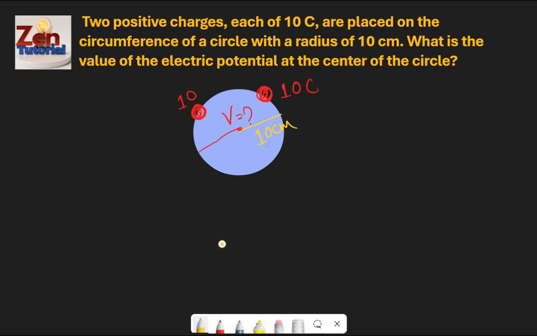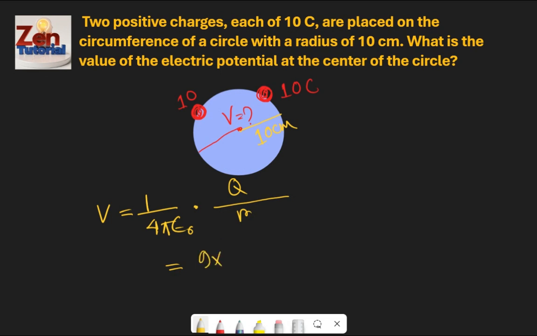Indeed, the formula for the potential V is equal to 1 by 4 pi epsilon naught, and let's say this is in vacuum, so we could write down 1 by 4 pi epsilon naught, and the charge is Q and distance is, let's say, R, of course the radius of the circle.